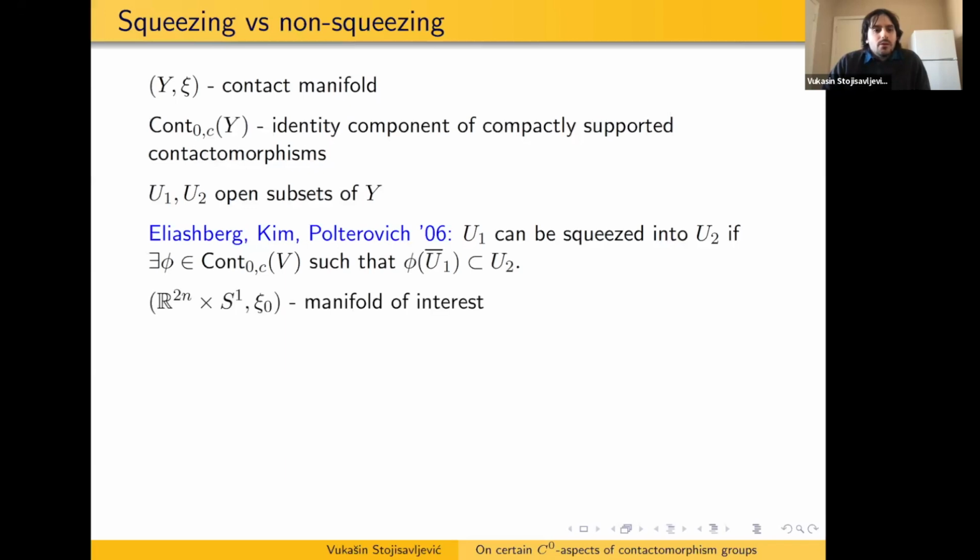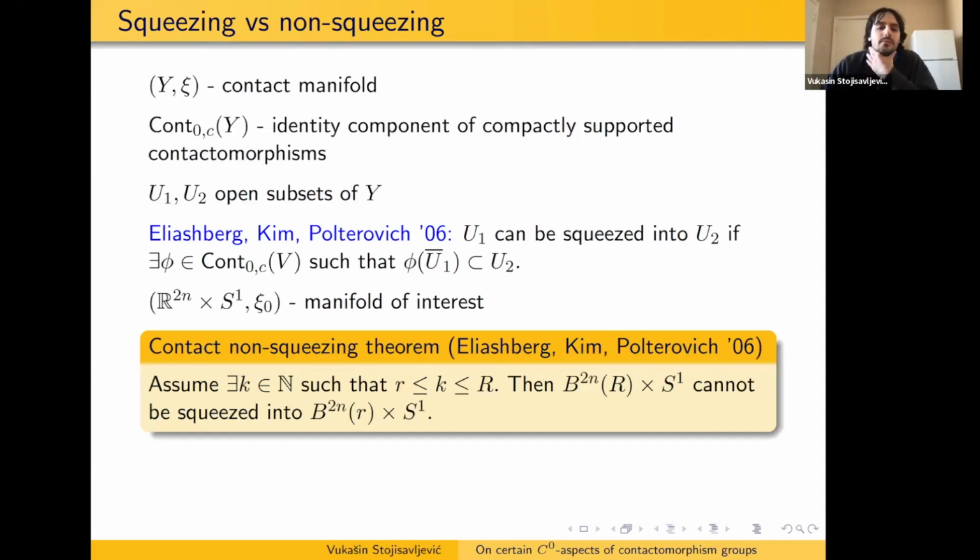And now we say, okay, let's look at the manifold R^2n times S^1, the pre-quantization space of R^2n. And here is a result. We assume that we have two different radii, small r and large R. And moreover, there is an additional assumption which says that there is an integer in between the two of them.